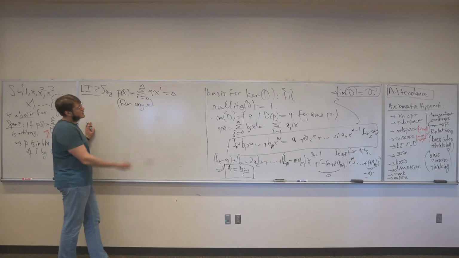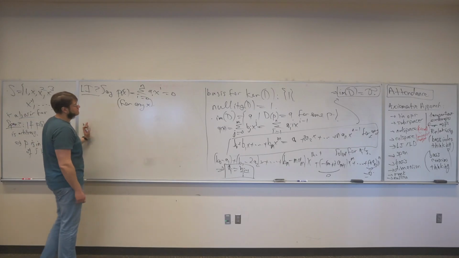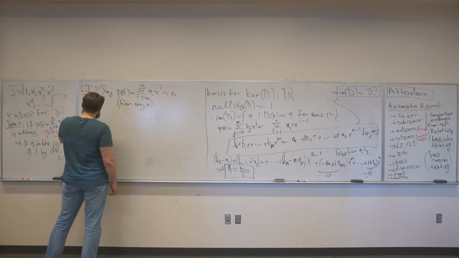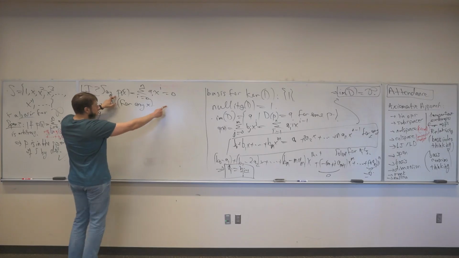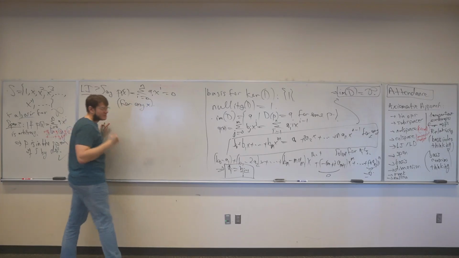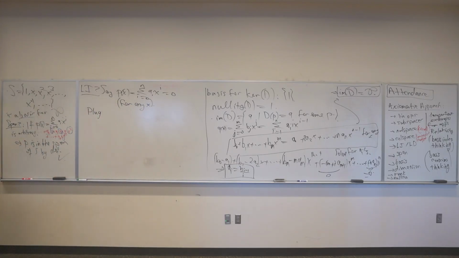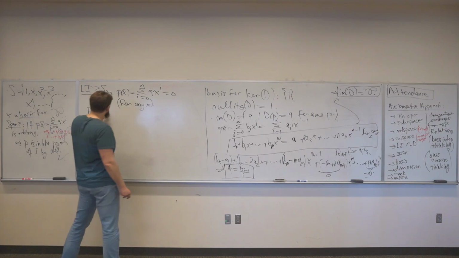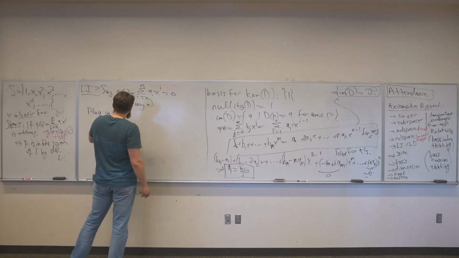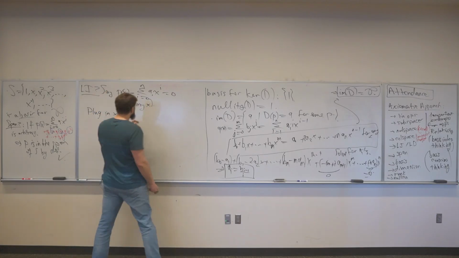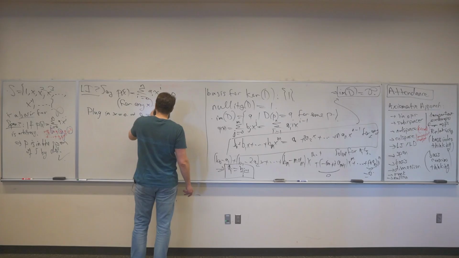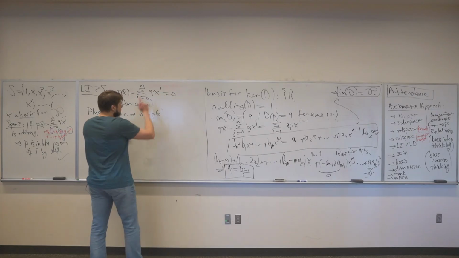If not, this is a slightly more low-level way of thinking about it, which I prefer myself also. I would plug in certain x values, because if this works for any x, I'm allowed to plug in whatever x value I need to simplify the expression. Plug in x equals 0, then p of 0 has to be 0. But p of 0 is nothing but a sub 0.